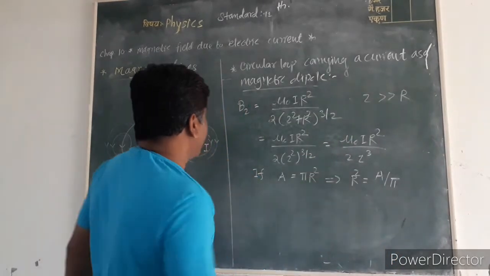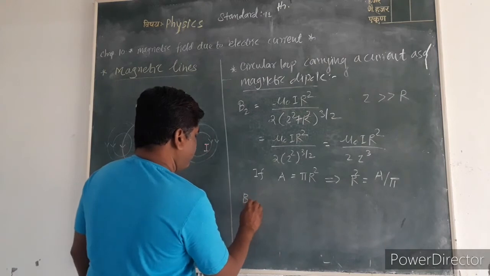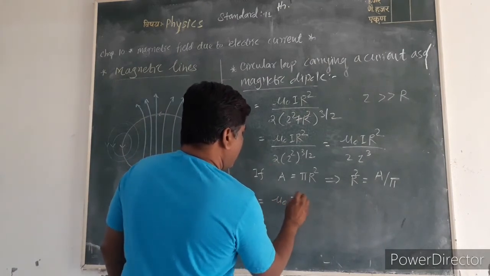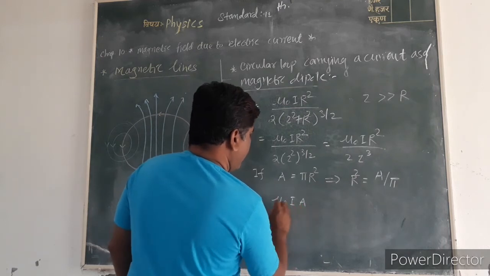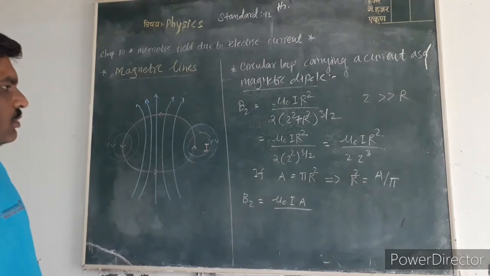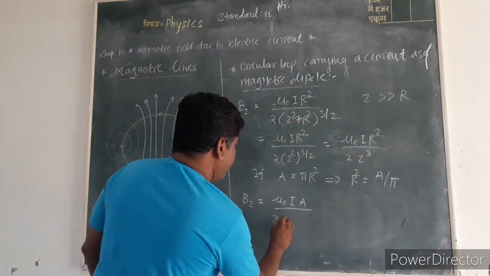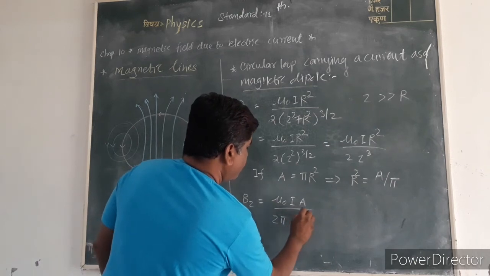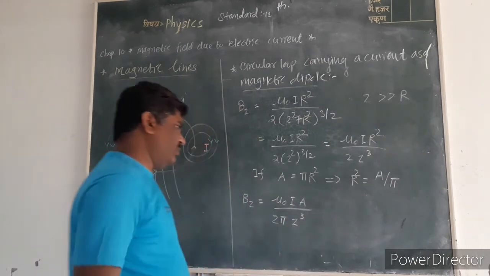Therefore, we get Bz is equal to mu 0 I A upon 2 pi z cube.